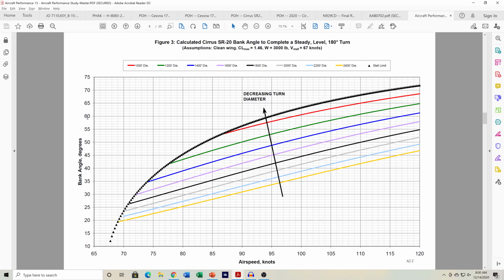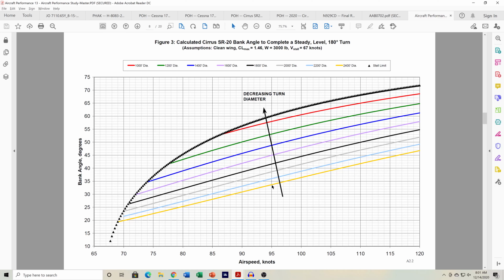Ballpark math, because at 60-degree bank, you're pulling 2 Gs. So at 110 knots, I don't have the exact calculations here, I'm just doing this in my head, but you're up about 2.3-ish Gs of pull, and you're really close to flirting with the stall, but you could just get it turned with a 500-foot radius, 1,000-foot diameter. However, let's say you slow down to something like 95 knots.